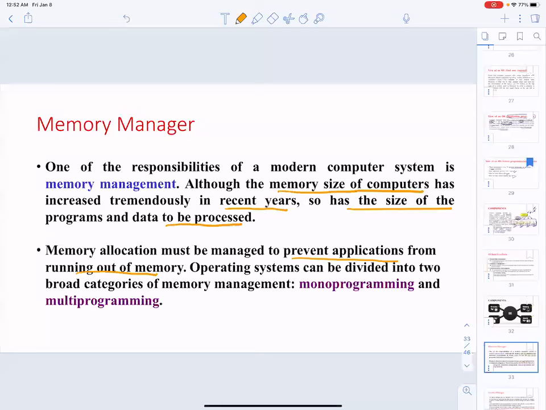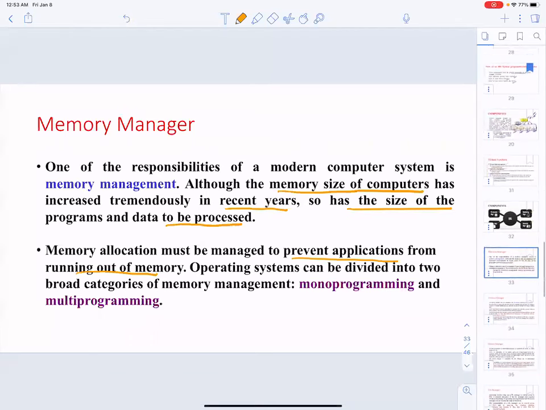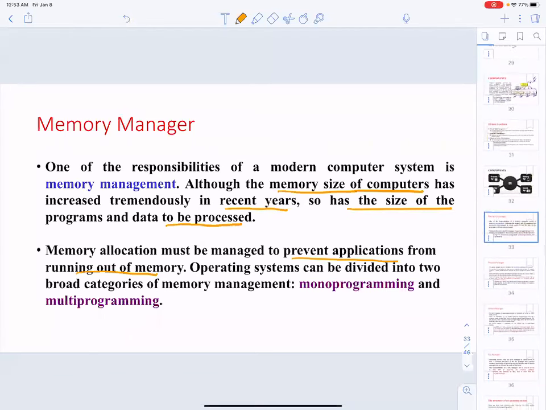Handling one process at a time needs simple memory management, while handling multiple processes at a time is more complicated compared to monoprogramming, and needs smarter handling of your memory to provide efficient management and process allocation into your main memory.